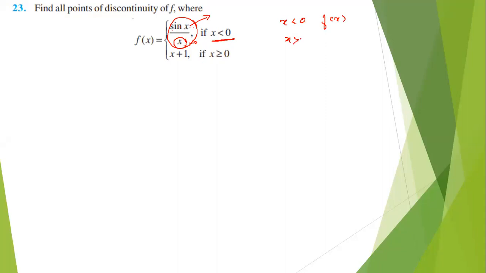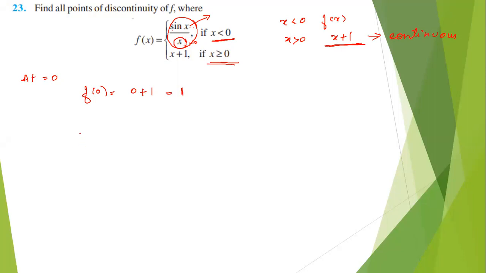Even when x is greater than 0, again you have a polynomial x plus 1, and this is also continuous. Polynomial functions are continuous. We need to check only at x is equal to 0. At x is equal to 0, what will be the functional value? It will be 0 plus 1. You get 1. Now you check the limit.